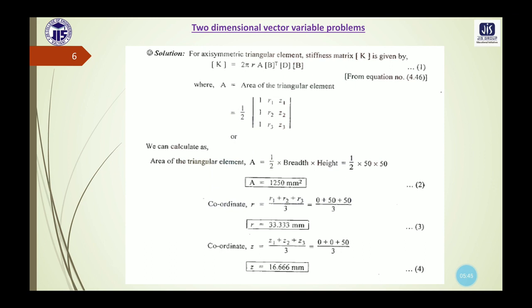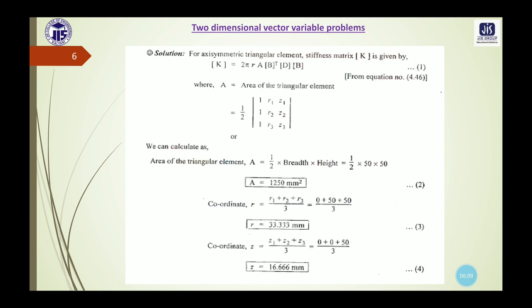Separately we need to find the area A, then B transpose, that is the strain displacement matrix transpose, then the D matrix, and finally multiply all of these.